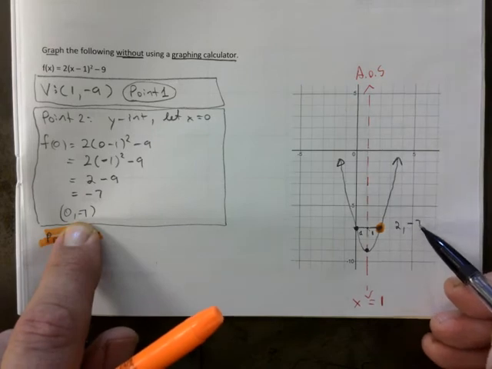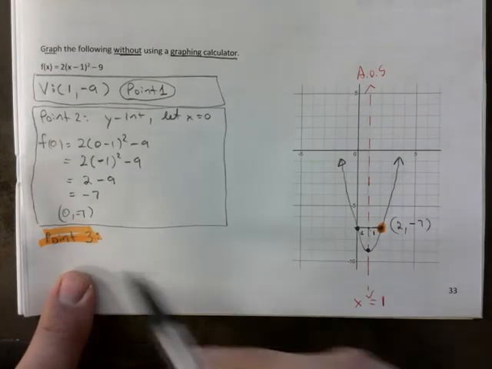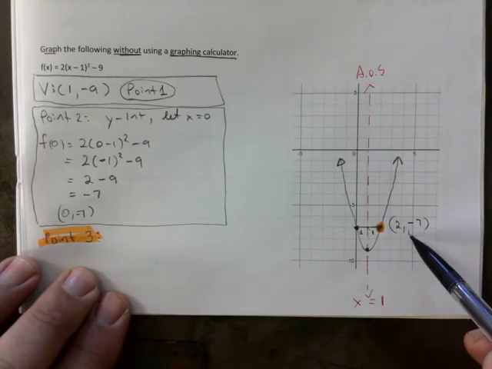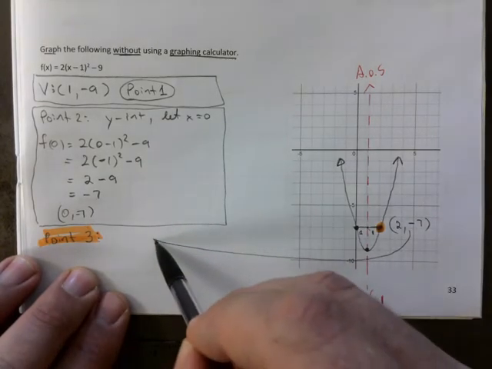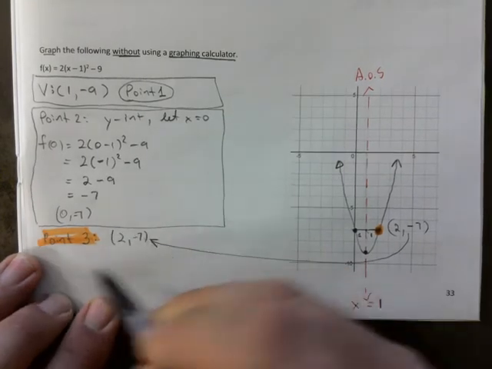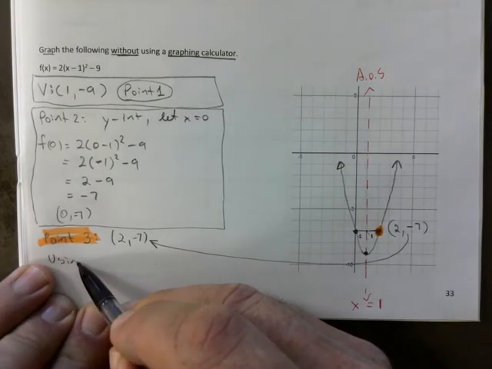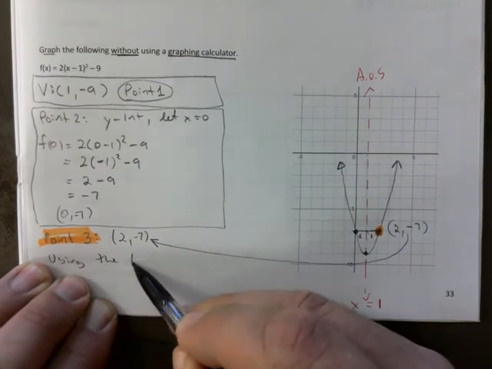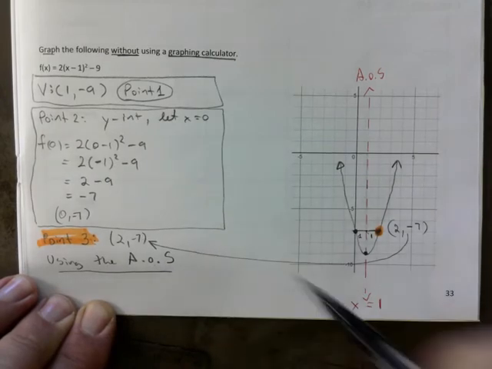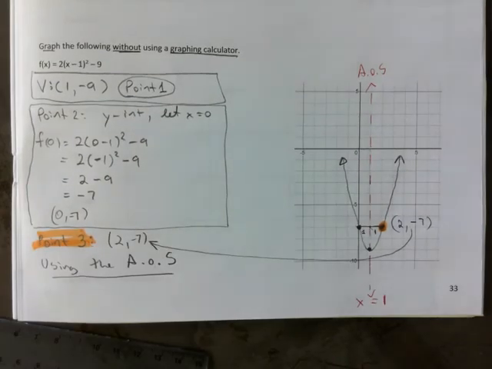So -7. So point 3, I'm actually going to make an arrow from here to there that it's 2, -7 using the axis of symmetry. There you have 3 points.